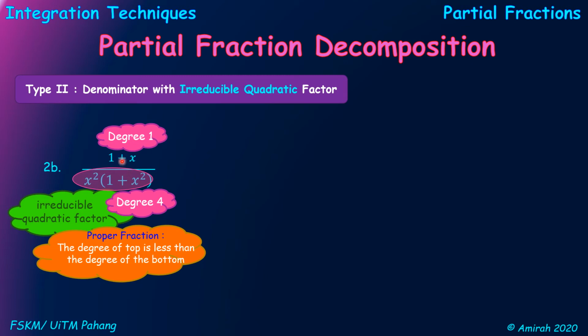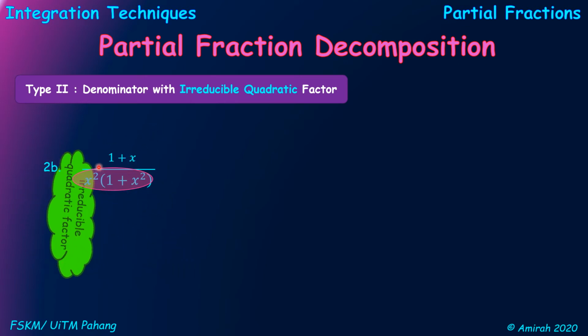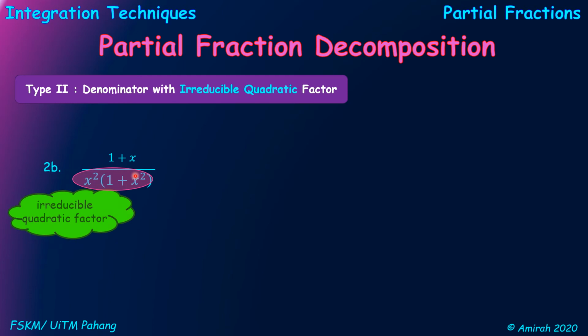This is called a proper fraction because the degree of the top is less than the degree of the bottom. So from here, we express it as the sum of partial fractions. The first denominator should be x squared, and then plus, the second denominator should be 1 plus x squared. From x squared here, this is a quadratic factor.